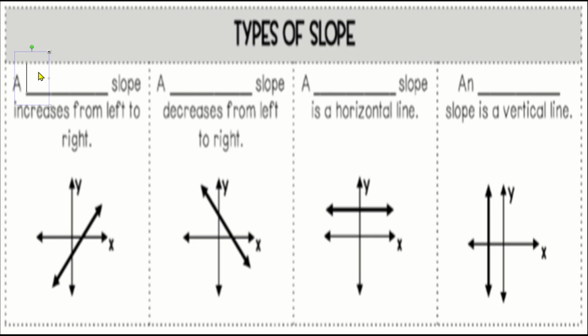So what that means for my slope, that is a positive slope. As you go from left to right, if it moves upwards, that makes a positive slope. It doesn't matter if it was all in the negative numbers of the graph. If it's moving upwards from left to right, that makes your slope positive.